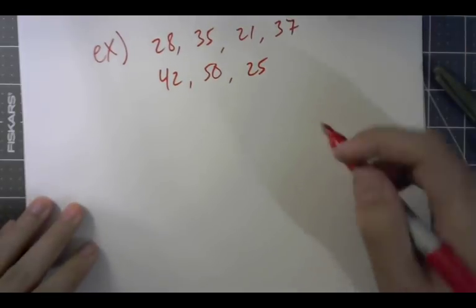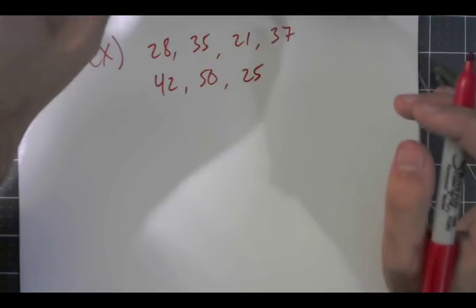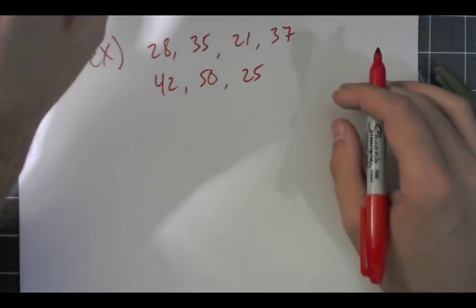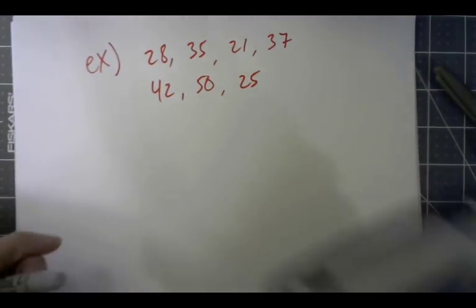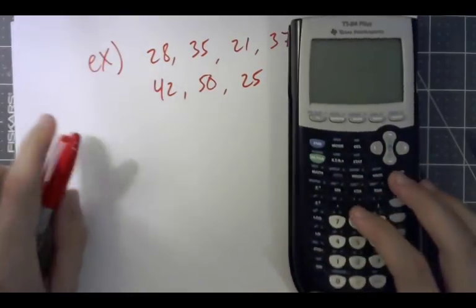We're going to take these numbers and plug them into our calculator and get all this data. Pay attention now so we don't have to do this tomorrow because I'm not going to want to.